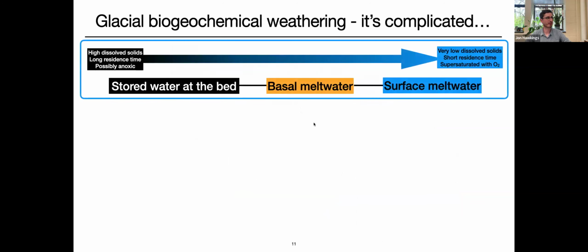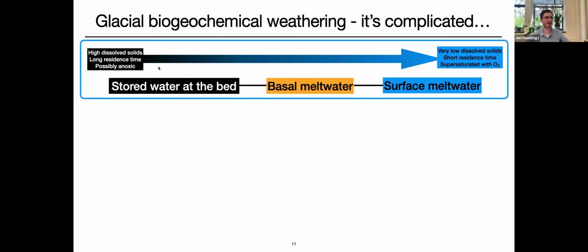So we have this quite complicated system where we have water coming from a few different places. We have water stored at the bed for long periods of time, maybe a year or maybe even more than a year in some instances, that has high dissolved solids, long residence times, a lot of evidence now of potential anoxia in certain regions of the subglacial environment.